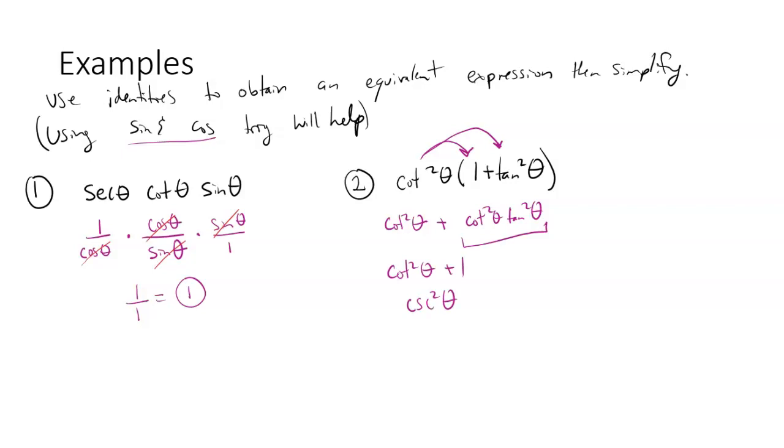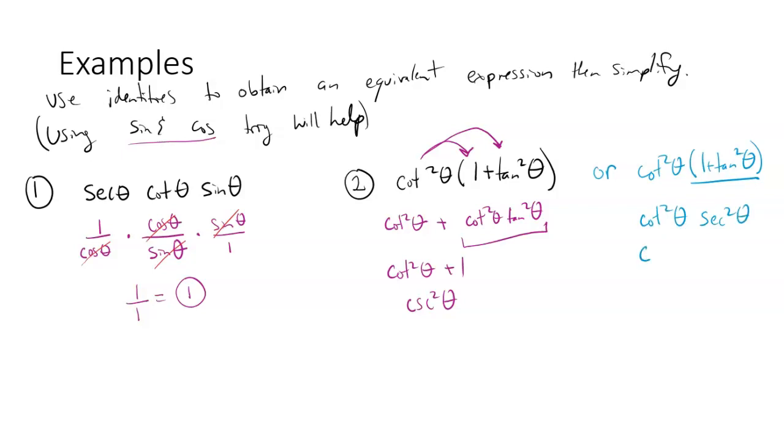Now I do want to show this in a different light, so I'm going to do this one more time. So what happens if you didn't distribute, right? You looked at this problem and you said, I don't want to distribute, which is totally fine. I notice that that is a Pythagorean identity. So let's go ahead and change it to secant of theta. Again, now it comes back to multiplication.